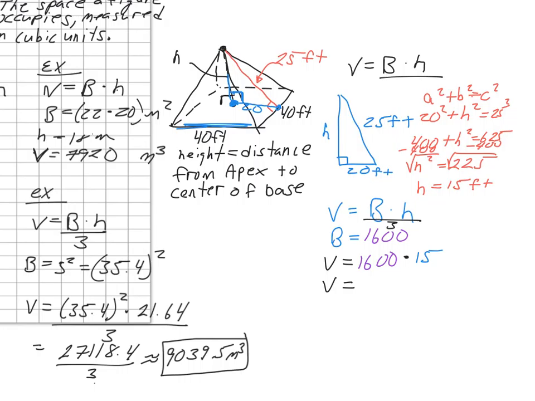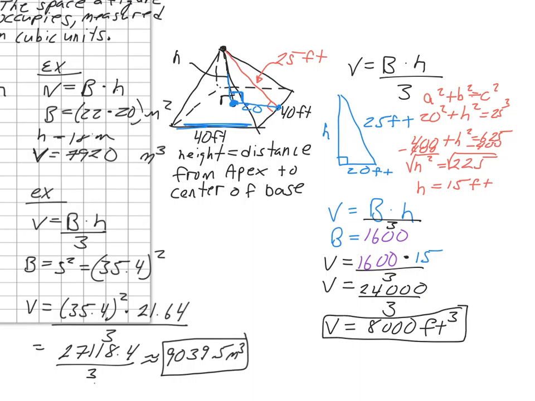This is all divided by 3: 1,600 times 15 divided by 3. That ends up being 24,000 divided by 3, which is a nice number of exactly 8,000 cubic feet.